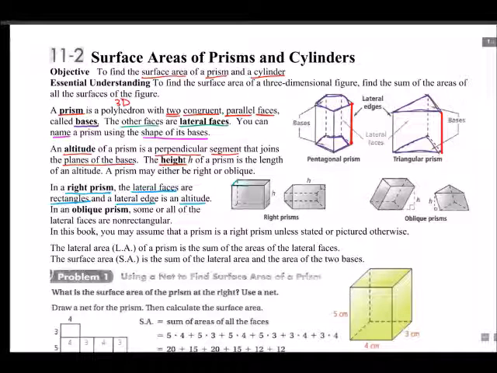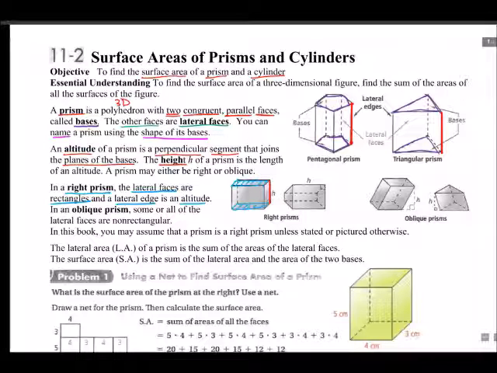Given the opportunity, I tend to choose top and bottom, because that makes it a little easier to see. So there are our bases, shaped as rectangles. This would be a rectangular prism, and the height would just be your lateral edge between them.